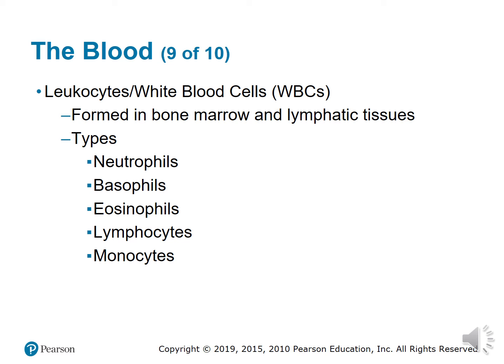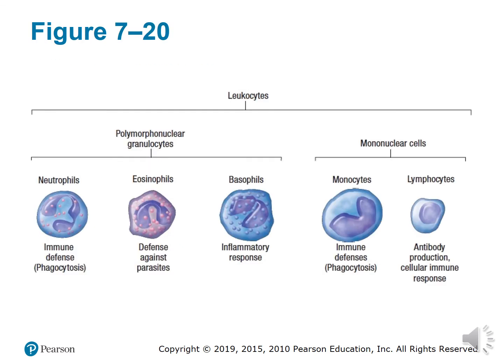You have neutrophils, basophils, eosinophils, lymphocytes, and monocytes. You see here what each one of those looks like and what their purpose is.